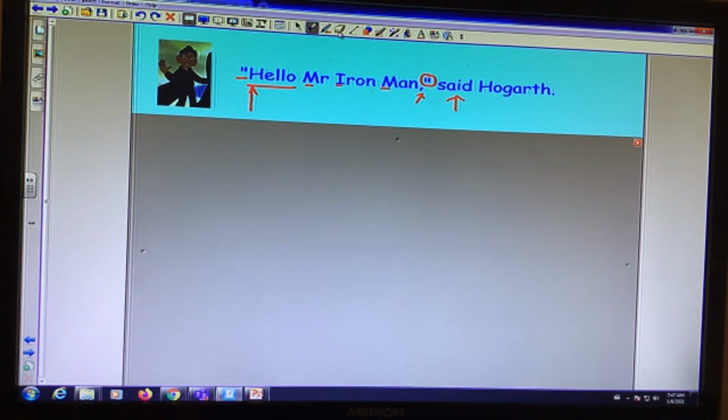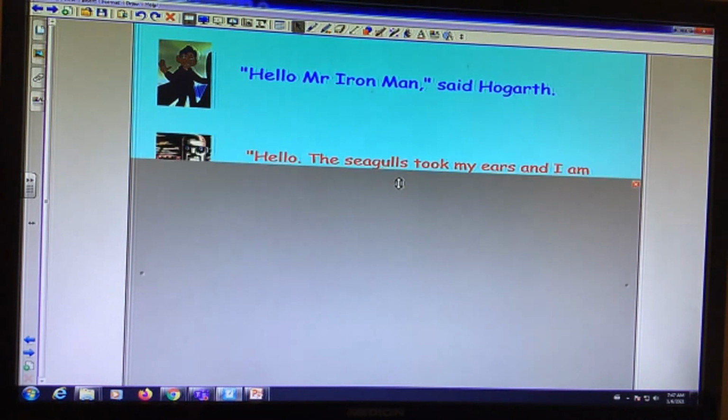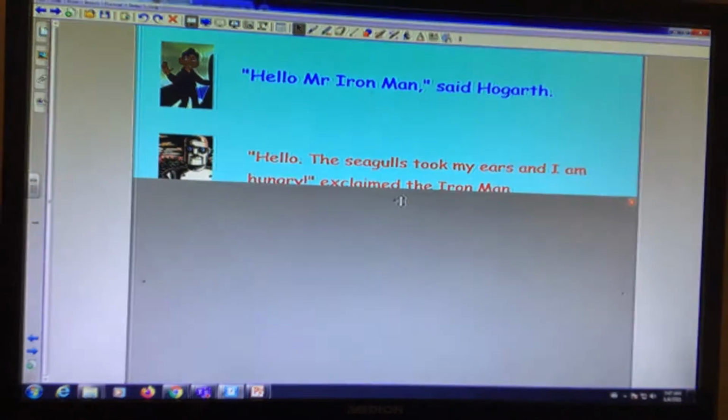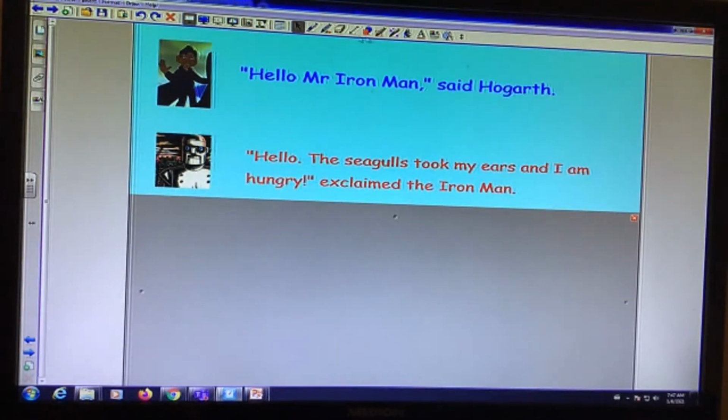It's up to you. Let's see what happens next, because we've got a new character talking, a different person talking. So we don't carry on here with our writing. We start a new line, okay, because it's a different character. Let's see what the Iron Man says now. Oh, there you go. He's about to speak.